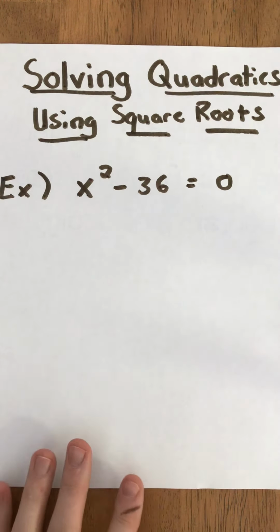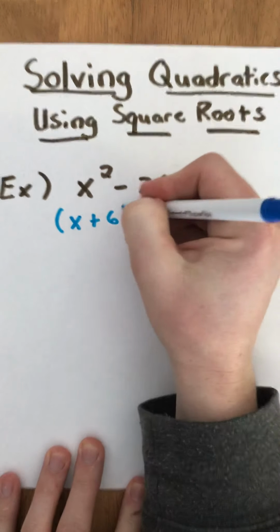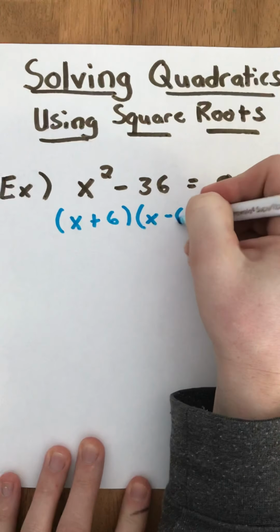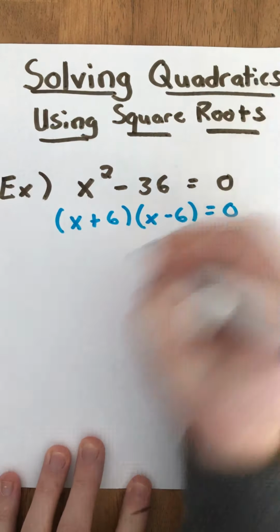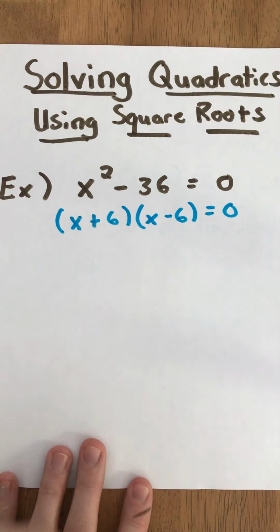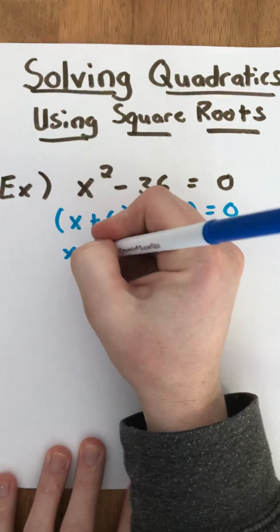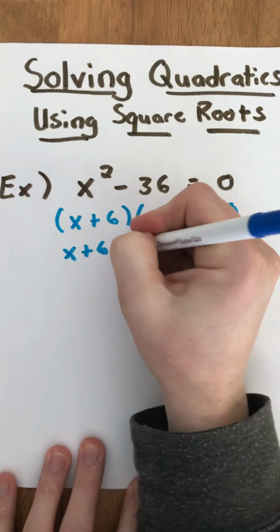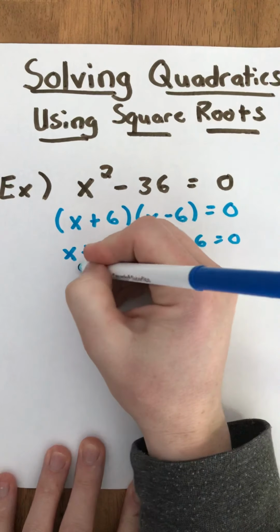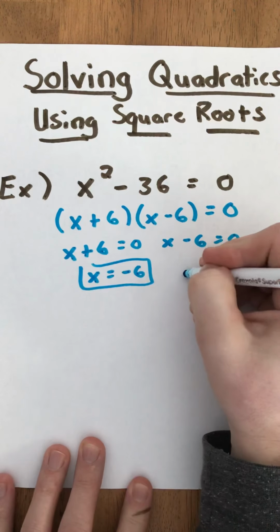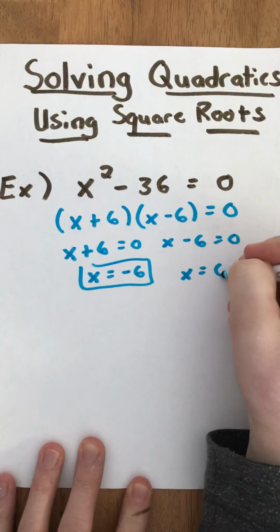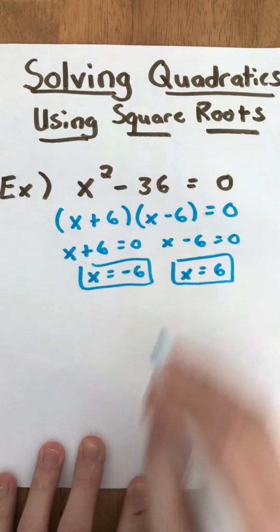So we wrote this as x plus 6, x minus 6 equal to 0. And we went ahead and solved each piece of this. x plus 6 equals 0, x minus 6 equals 0. And so we said that x was equal to negative 6. And at the same time, we said that x was equal to positive 6.